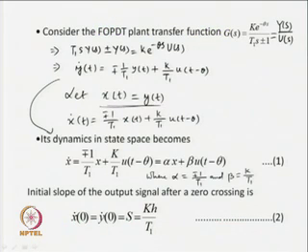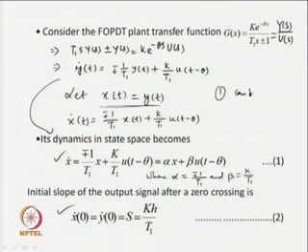Therefore, y dot 0 is equal to x dot 0, which is equal to the slope of the signal as K h by T1. How do we get this K h by T1? From this equation number 1. Now, I can write the equation number 1.